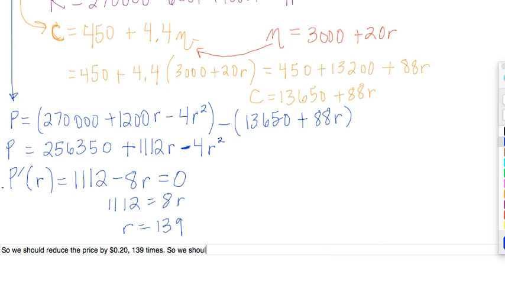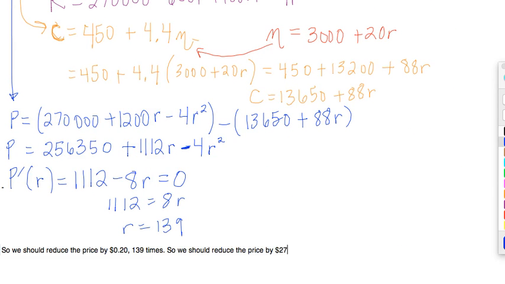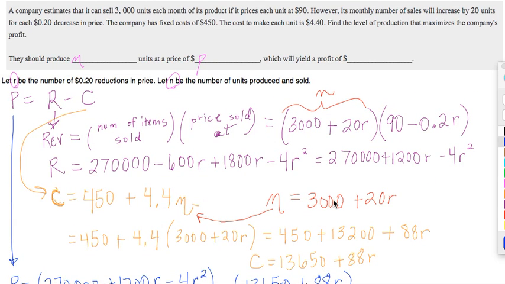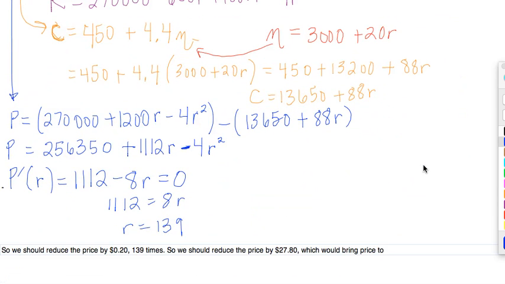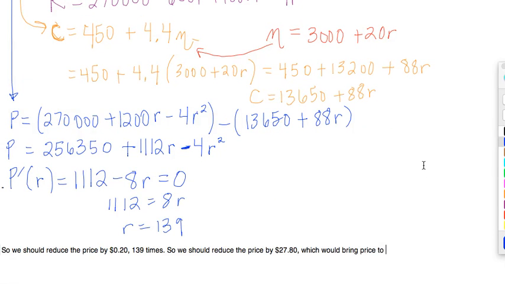So we should reduce the price by $27.80, which would bring the price down to, let's see, the price is currently $90 for each unit. So 90 minus 27.80 would be $62.20. Okay, so that's the price we should sell them at.